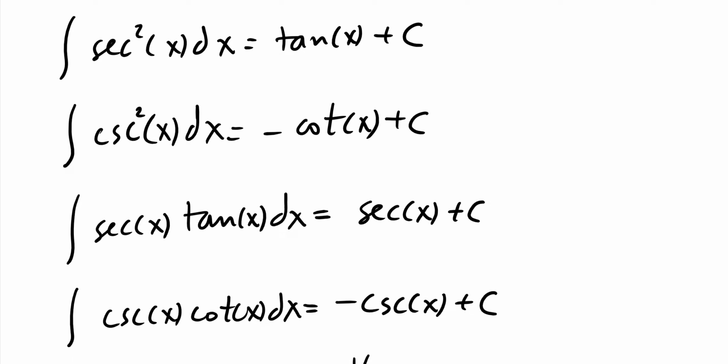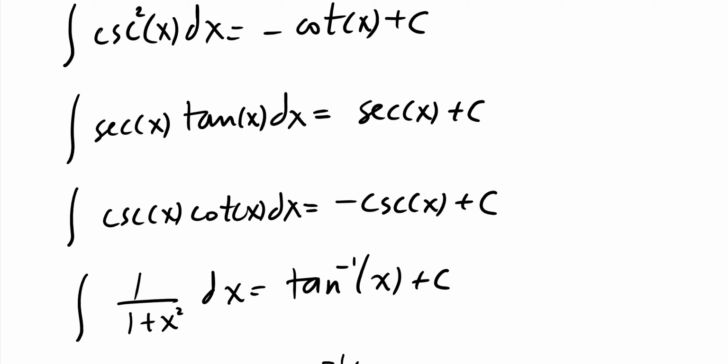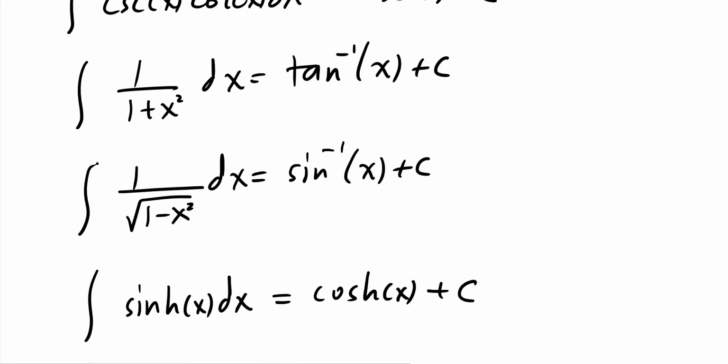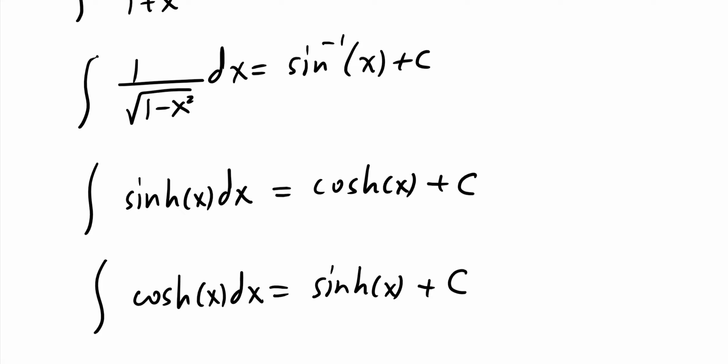Cosecant cotangent is negative cosecant x plus c. 1 over 1 plus x squared is tan inverse plus c. 1 over the square root of 1 minus x squared dx is sine inverse of x plus c. Sinh, or hyperbolic sine, the antiderivative for that is hyperbolic cosine, and vice versa. These are the formulas that we really need to know to be able to solve all these integral problems or antiderivative problems. So let's look at an example here.